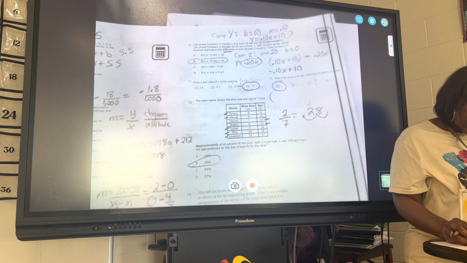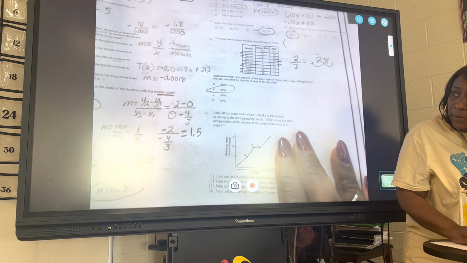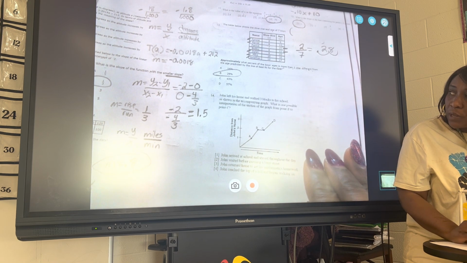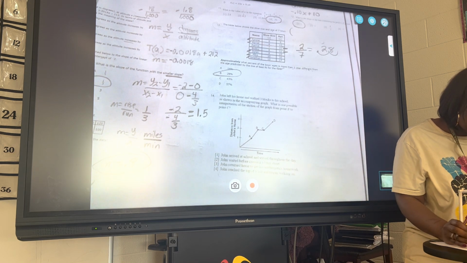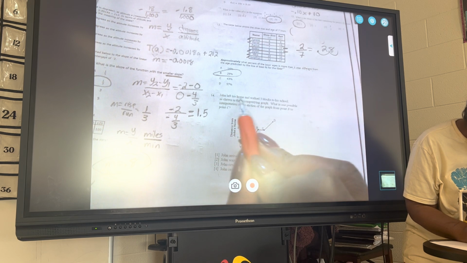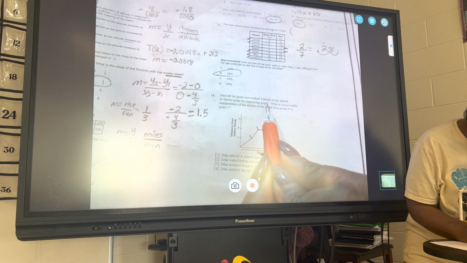All right, 14. It says John left his home and walked 3 blocks to school. Okay, we gotta pick the interpretation for the graph, right? 3 blocks from school, as shown in the accompanying graph.